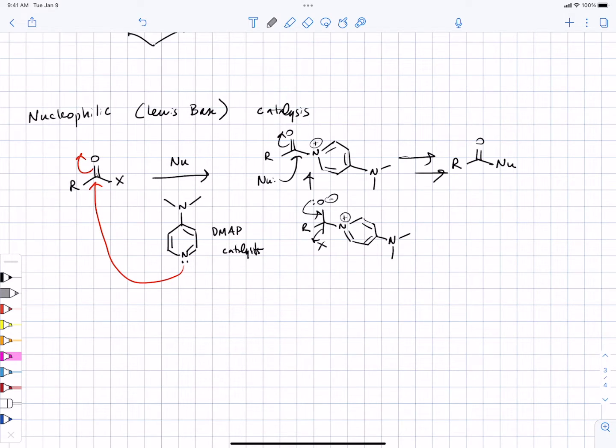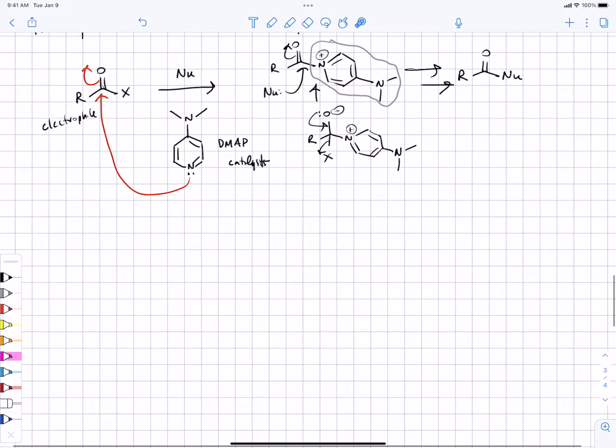The idea is you're using a nucleophile. It's weird, isn't it? You're using a nucleophile to turn an electrophile into an even better electrophile. So you'll see that kind of thing a lot in acyl substitution reactions.